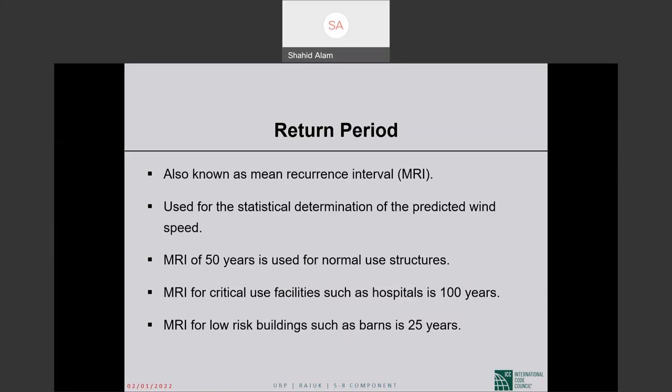Now, return period of 50 years is used for ASC 7 design adopted by BNBC for normal use structures, office buildings, apartments, things of that kind.